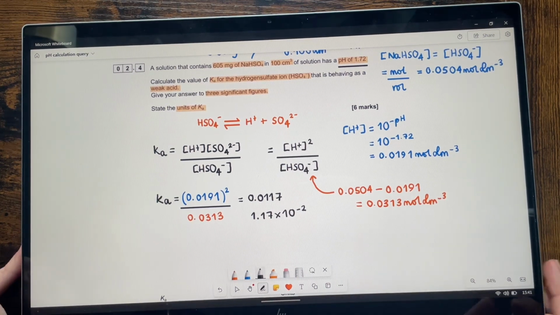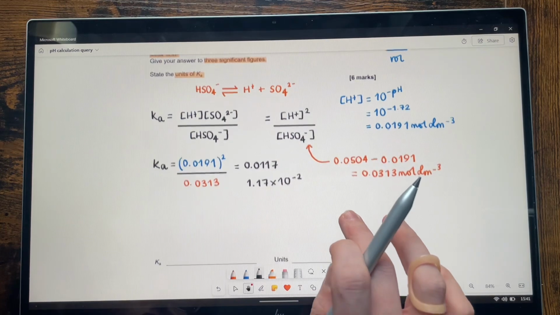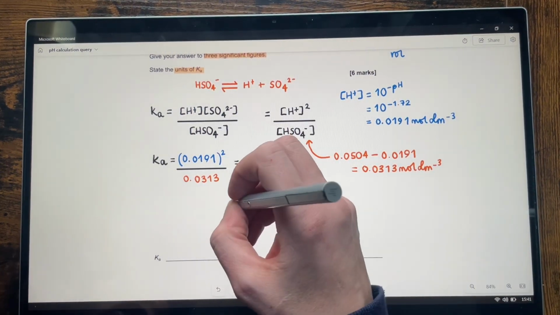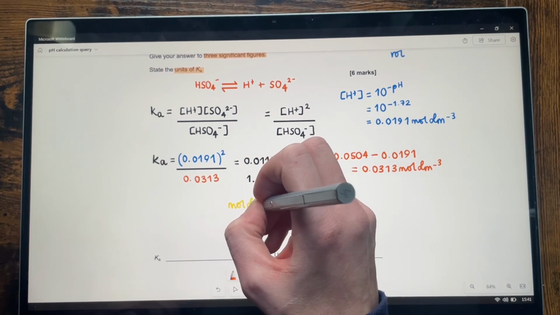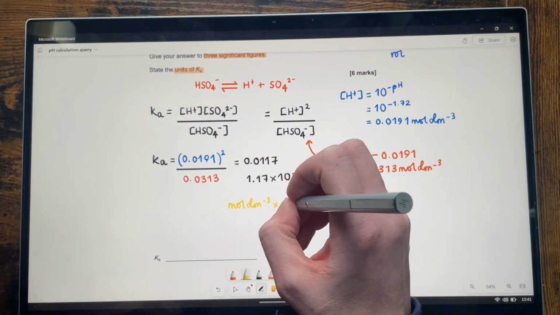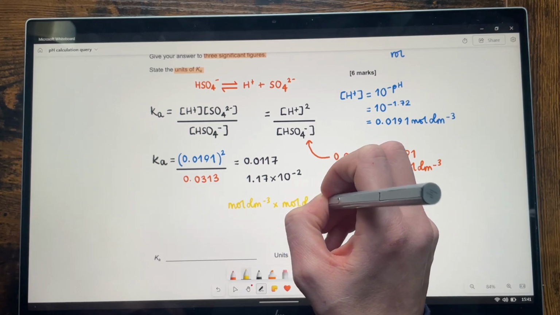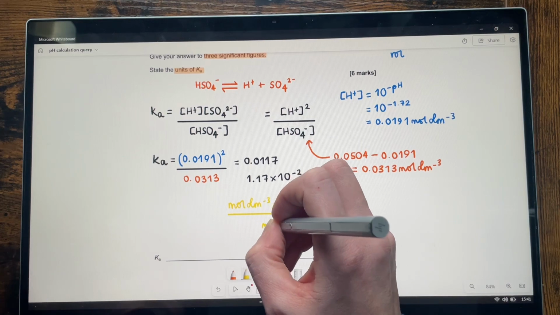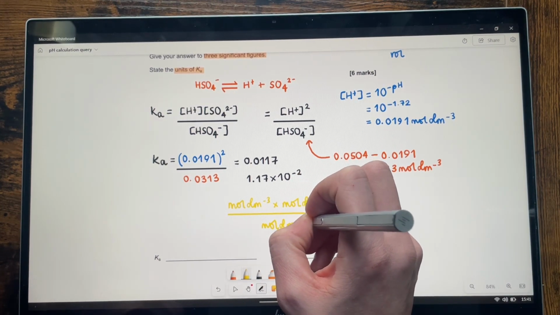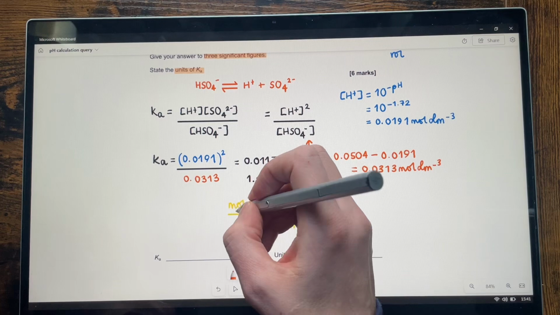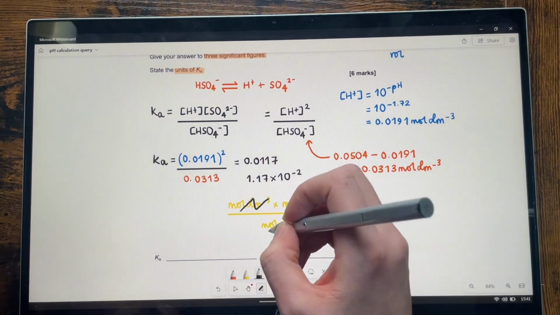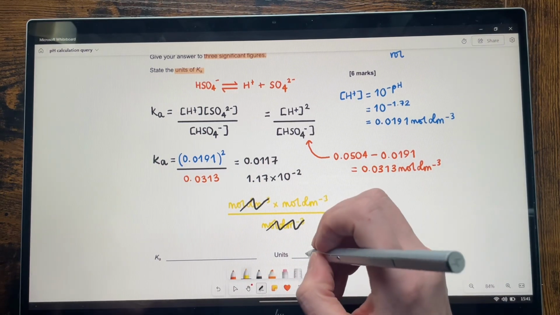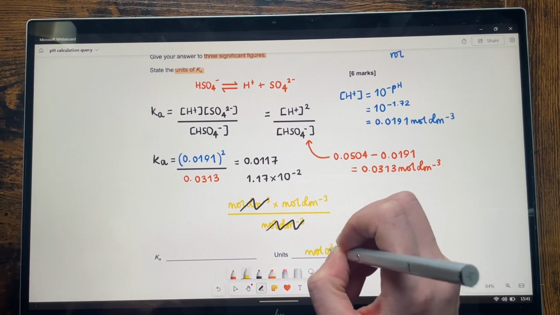What I would do here is exactly what I would be doing with my units for Kc or Kp, which is just subbing in the units into my, in this case, Ka expression, so that I can then have a look at what will cancel. So 1 mole dm minus 3 on the top will cancel out the 1 on the bottom, leaving us with mole dm minus 3 as our units for Ka.